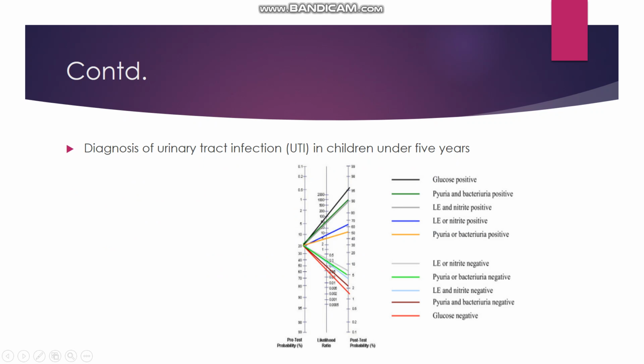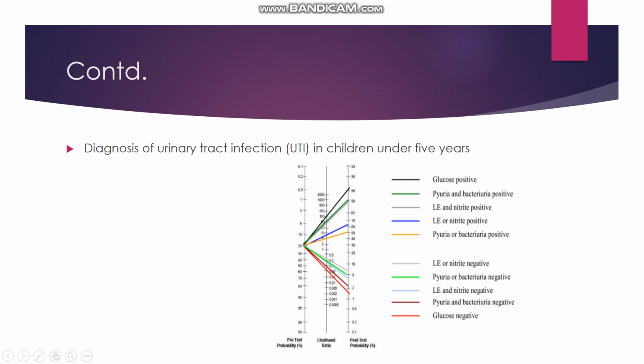It shows the pre-test probability and post-test probability, and the likelihood ratio lies in between the pre-test and the post-test probability, and it has different criteria like glucose positive, pyuria and bacteria positive, LE and nitrite positive, LE or nitrite positive, pyuria and bacteria positive, and you can see all the negatives for the same criteria.